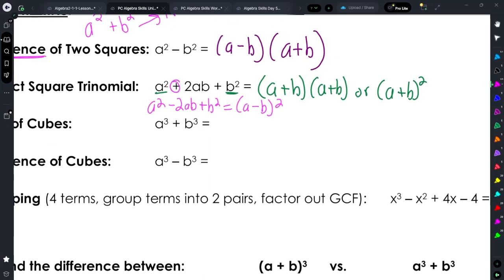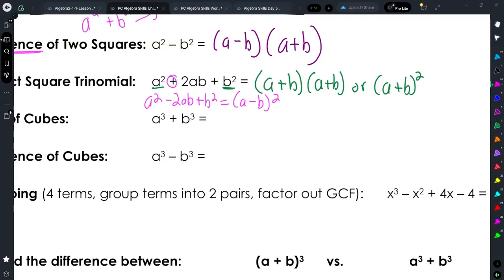All right, then we have the sum and difference of cubes. So the sum of cubes, or if we have something cubed plus another thing cubed, it's a plus b times a squared minus ab plus b squared.